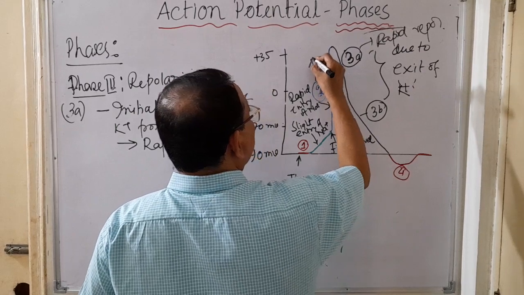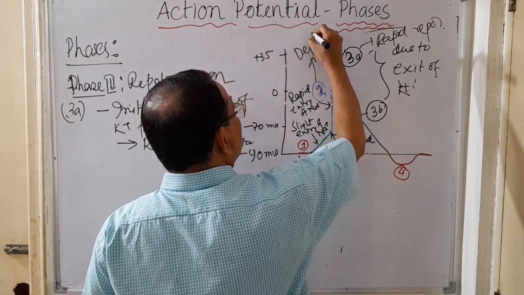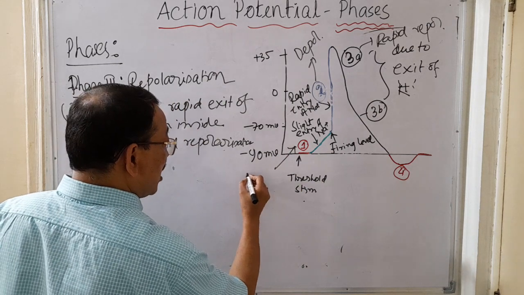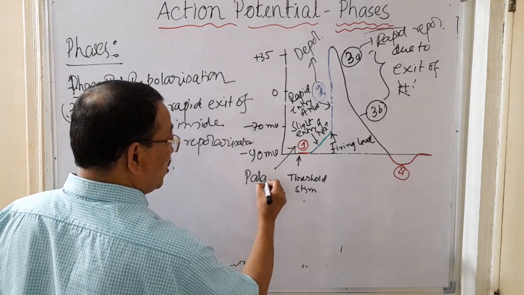This 2 is known as depolarization, and this 1 is known as the polarized state of the membrane.